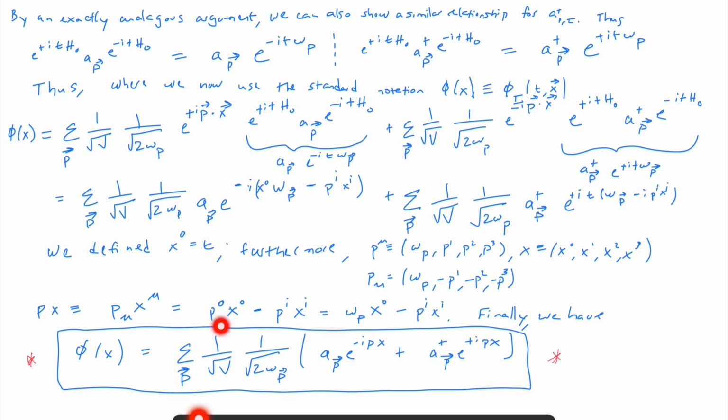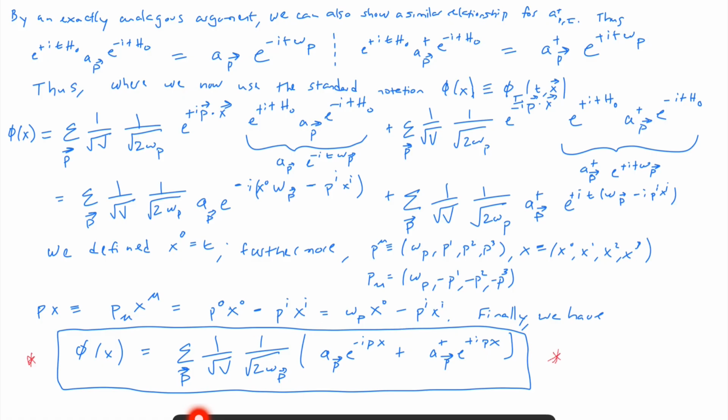And sometimes instead of p naught, I'll just write omega p, because p naught is the energy, which we're writing as E sub p or omega sub p sometimes. So if you put all that together with our new notation, here's our final formula.